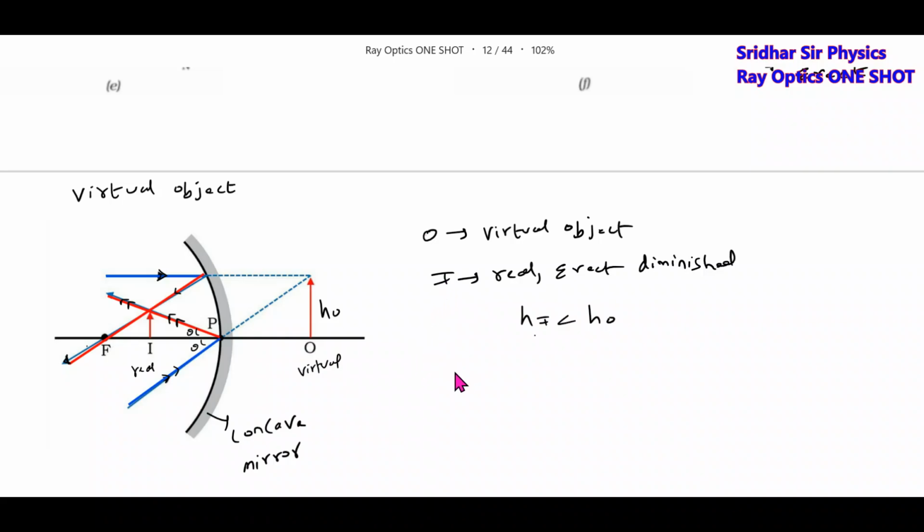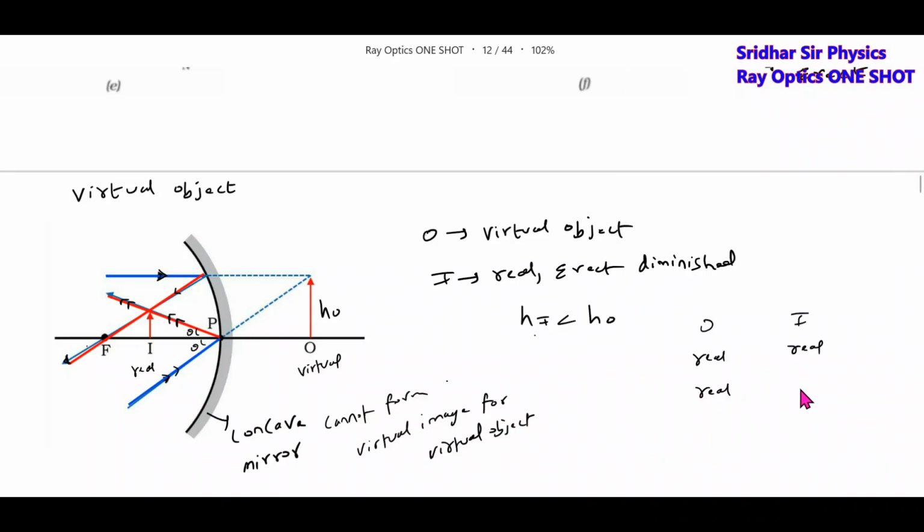So what is not possible for a concave mirror? A concave mirror cannot form a virtual image for a virtual object. So I'll put object and image: real object, image will be real; then real object, image will be virtual.